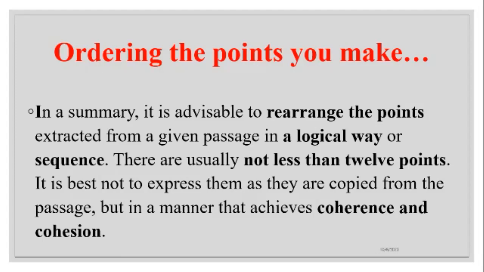I could have 12 points, and the first point might not logically flow with the second point. It's possible that point number one only flows logically with point number 4 or 5. So in the first complex sentence I would only express point one and point 5. It's also possible that point 12 only connects logically with point 8.